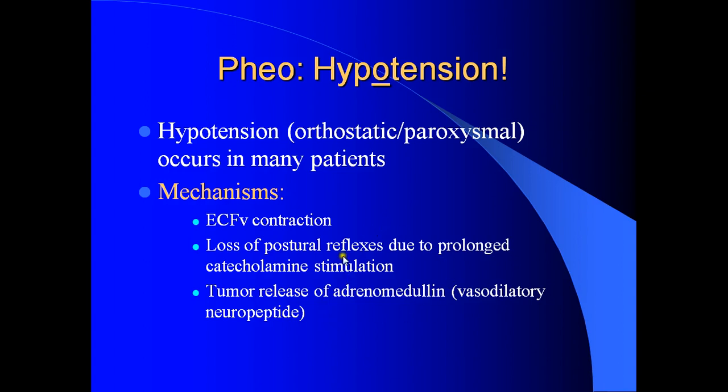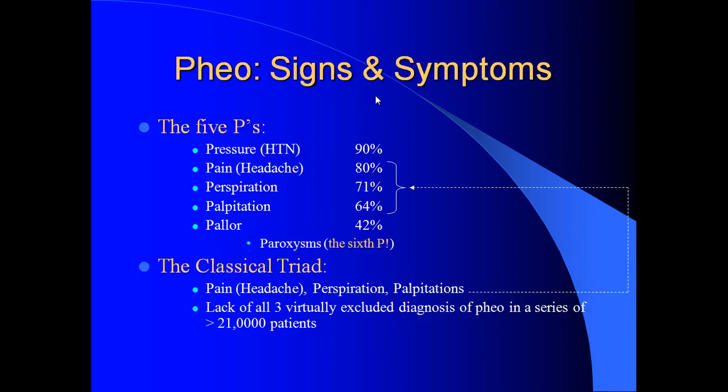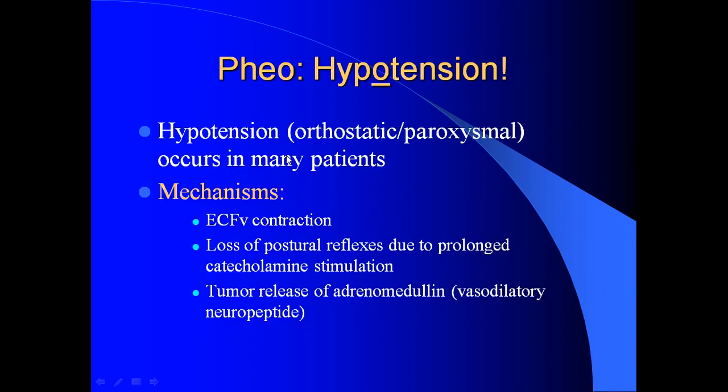So sometimes there can be hypotension as well, and this is also paroxysmal. We should not forget hypotension; our minds should not get fixed on hypertension. We should think that spells of hypotension can also be a clue towards pheo.